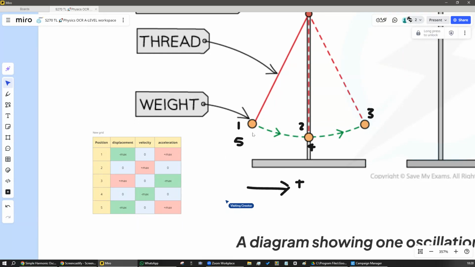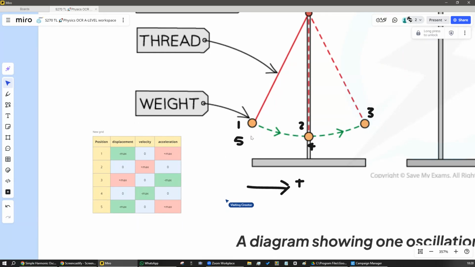So what we want to realise then, and this is the most important part about simple harmonic motion, I suppose, is that wherever the displacement is maximum, the acceleration is maximum, but in the opposite direction. That is the most important thing.